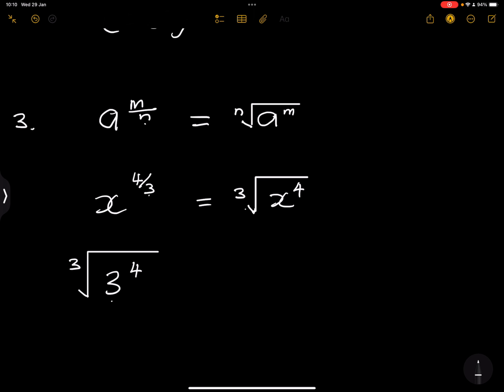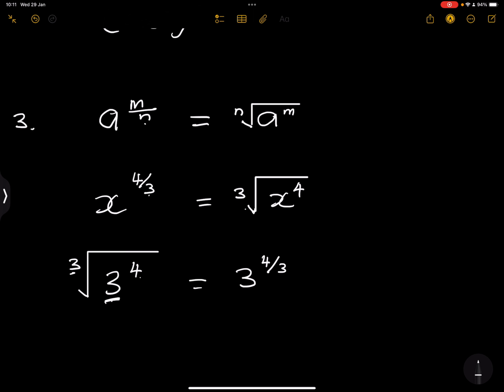So note we've got 3, and how can we write this as just a power in this case? That will be the base of 3, we keep the base, the exponent of 4 becomes the numerator, and the root becomes the denominator in your power. So that would be 3 to the power of 4 over 3.